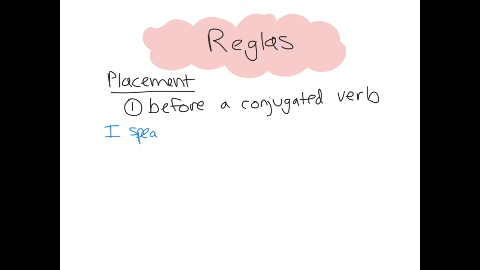So for example, if I've got I speak it, referring back to our Spanish. In Spanish, I would write that yo lo hablo. Hablo is our conjugated verb, so I place the lo that replaces Spanish before the verb as its own separate word. That's situation número uno.